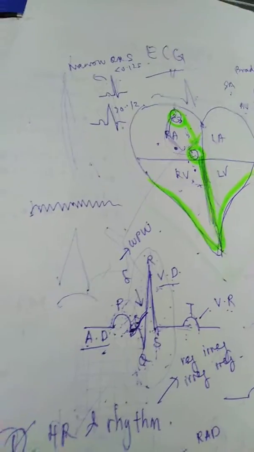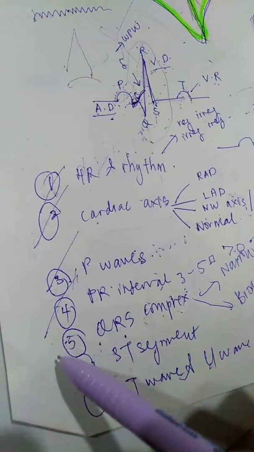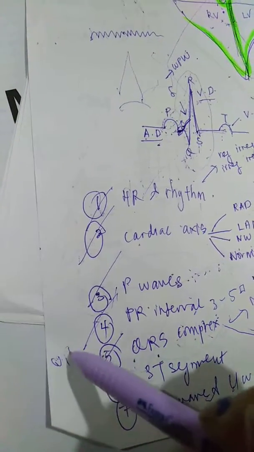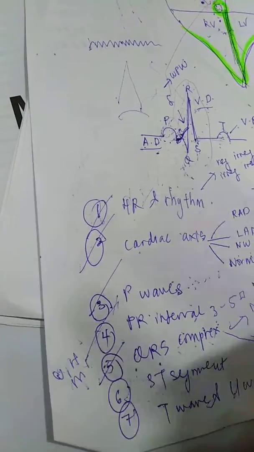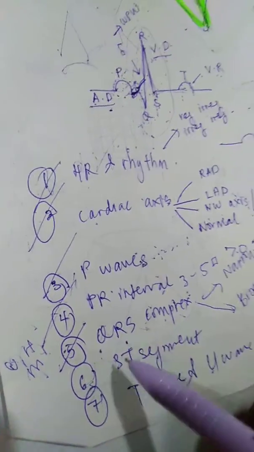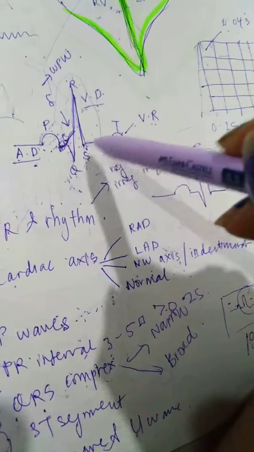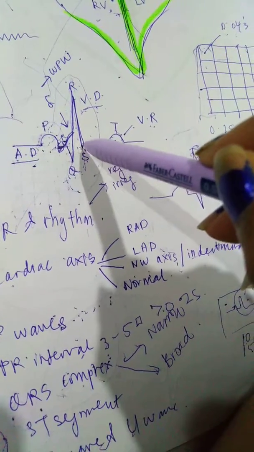But sometimes very tall complexes do not really imply ventricular hypertrophy. Why? Because some patients, like tall, slim people, like Marfanoid patients, can have a very tall QRS complex because it depends on their body habitus, which is actually normal for them.